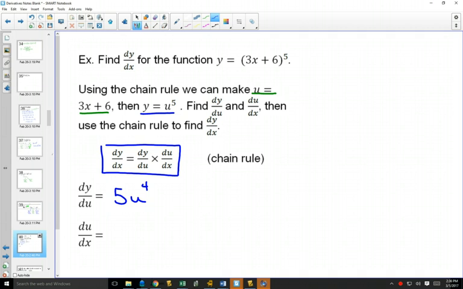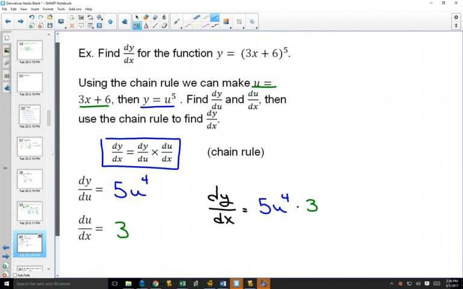Yes, we do, in green. If I took the derivative du dx, what's the derivative of this? It's just equal to 3. Then according to our formula, dy dx is equal to dy du, which we figured out in blue, multiplied by du dx, which we figured out in green. And so our answer becomes 5u to the 4 times by 3, or 15u to the 4.